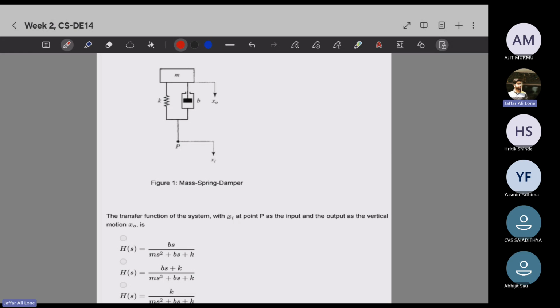Basically you have to use Newton's laws here. Just apply Newton's second law, the force balance equation, get input on one side and output on the other, take something common and you'll get the answer, right?